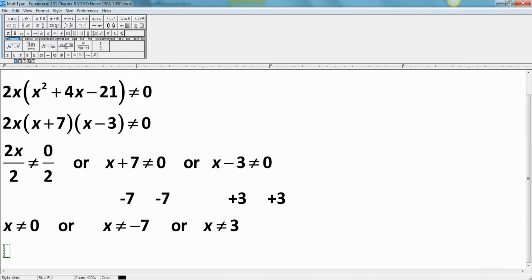Okay, so what's the domain then? The domain, which is the actual question they were asking, is all real numbers except 0, negative 7, or 3. And you're done.